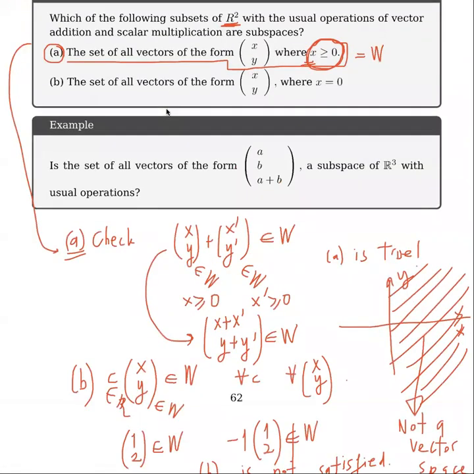Okay, let's look at the second part of this problem and tell me what you think about this one, whether this is a subspace or not. Here, we should really write it like (0, y), okay? So all vectors of the form (0, y). The first component of the vector is fixed. So is this a vector space?